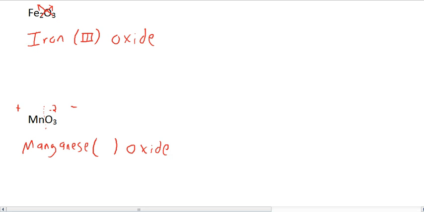And in manganese oxide, what I have is 1 manganese atom with 3 oxygens. This is MnO3, and each one has a negative 2 charge. So the total on my negative side is negative 2 plus negative 2 plus negative 2, or 3 oxygens times a negative 2 charge. I get a negative 6 charge.